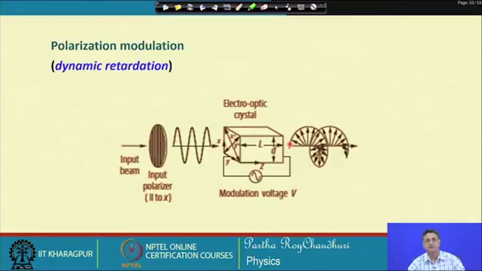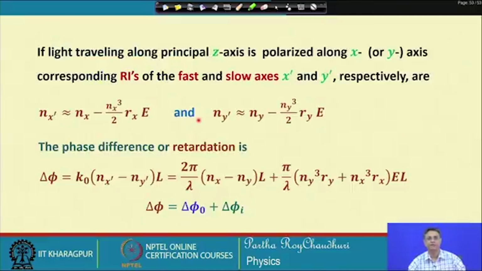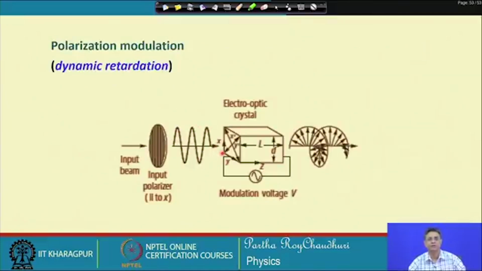As a result, depending on the applied voltage and hence the retardation between these two polarizations, x dash and y dash, the output polarization state will change from linear to elliptical and back to linear. In this case it will be circular if I give an equal 45-degree inclination to x prime and y prime when the polarization is along the x axis.